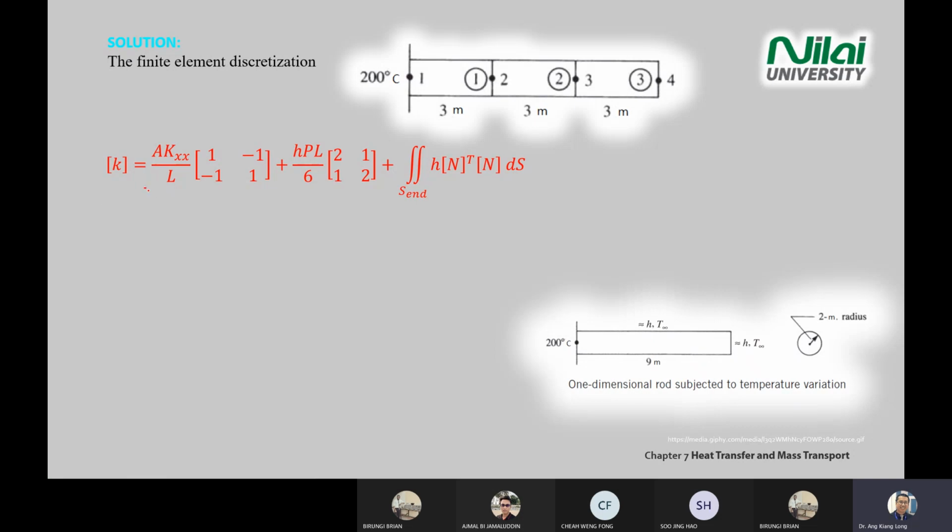The first one gives you conduction. The second one is convection. Convection means is there any heat loss to the side? In this case, yes, because there is no insulation there, so you need to calculate the middle one. And then the end here, point number 4, is exposed to the environment.